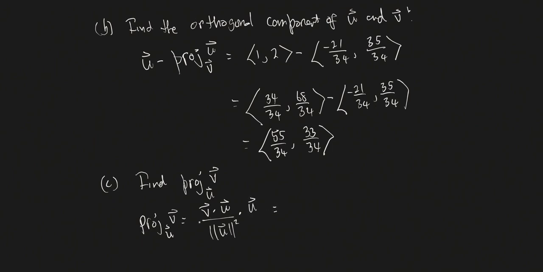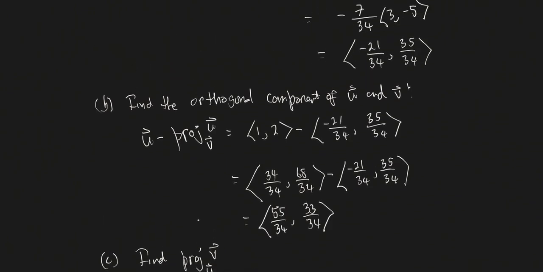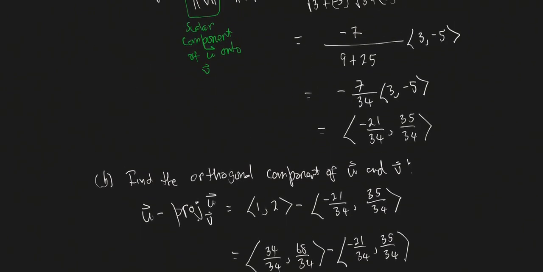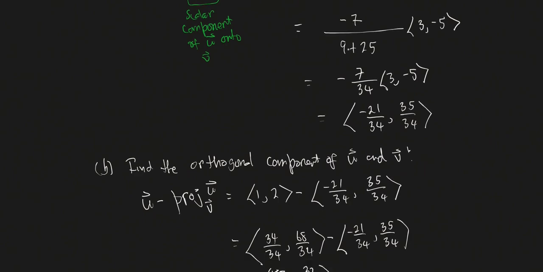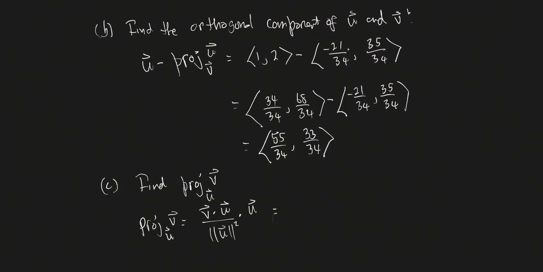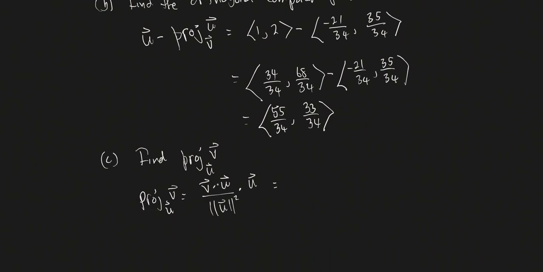The dot product is the same. What did we get for the dot product? We got a -7 for the dot product, so that's the same. Because remember, the dot product is commutative. It doesn't matter if you do v dot u or u dot v. So this is still -7.